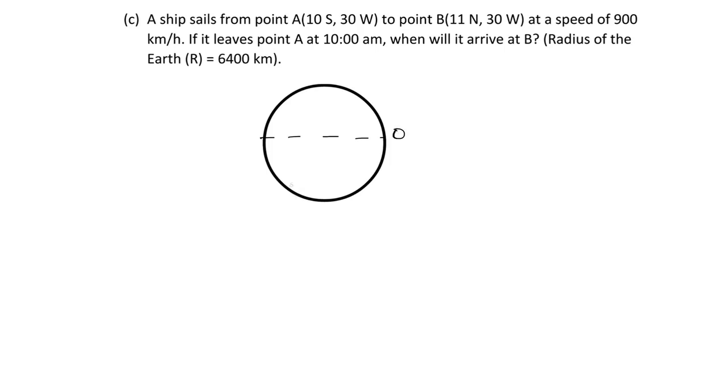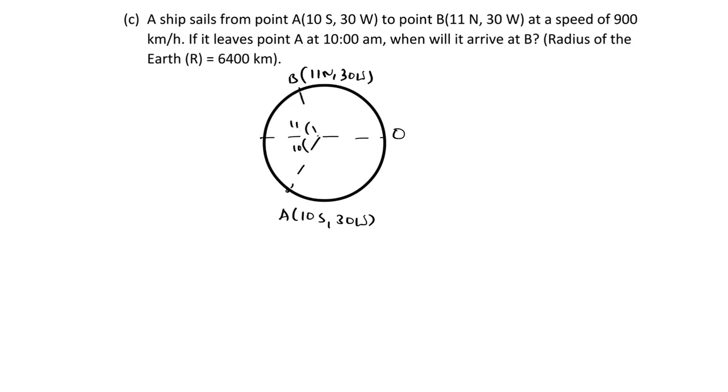And then we have point A with coordinates 10 south, 30 west, and point B with the coordinates 11 north, 30 west. The value here is going to be 10, and here the value is 11.